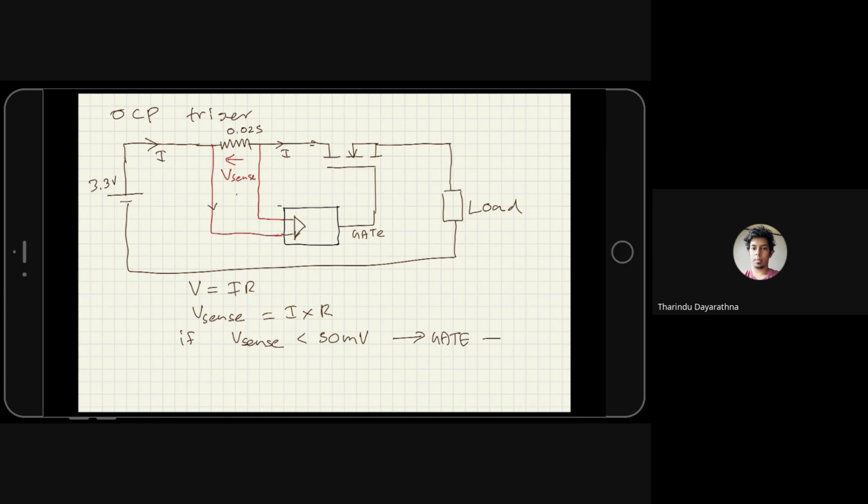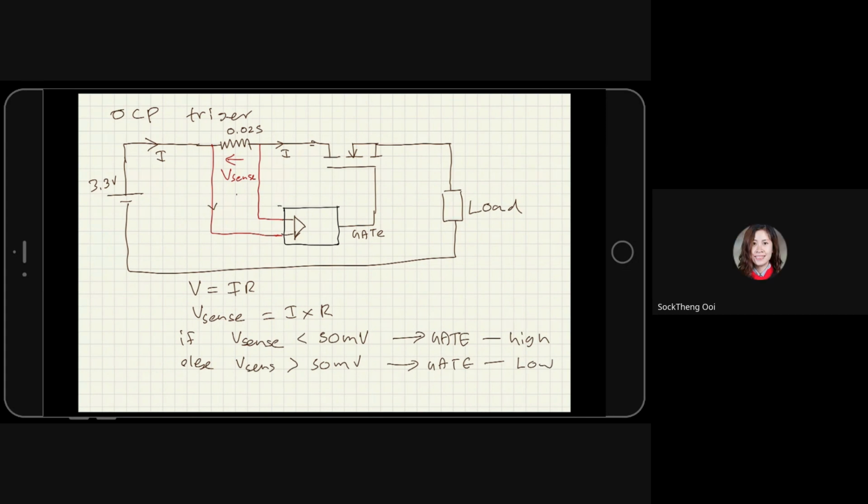High means about 6 volt. Okay, high. Else, if V sense is greater than 50 millivolt, gate voltage will be low. Okay, you understand this condition?